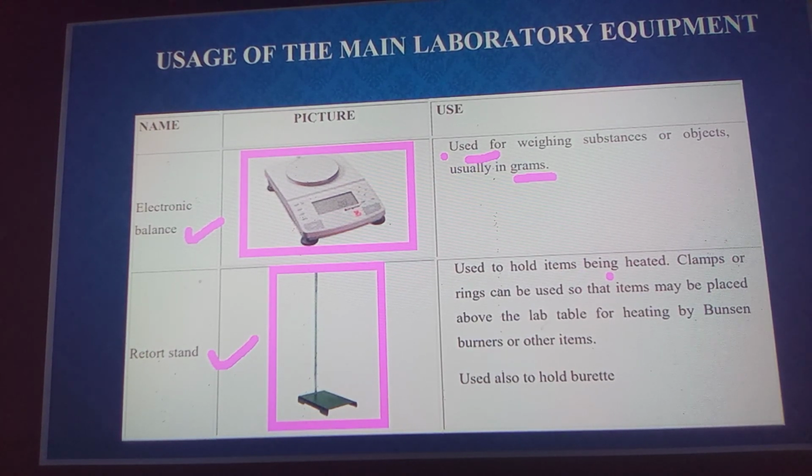We need the clamps or rings to be used so that items may be placed above the lab table for heating, by Bunsen burner or other items.